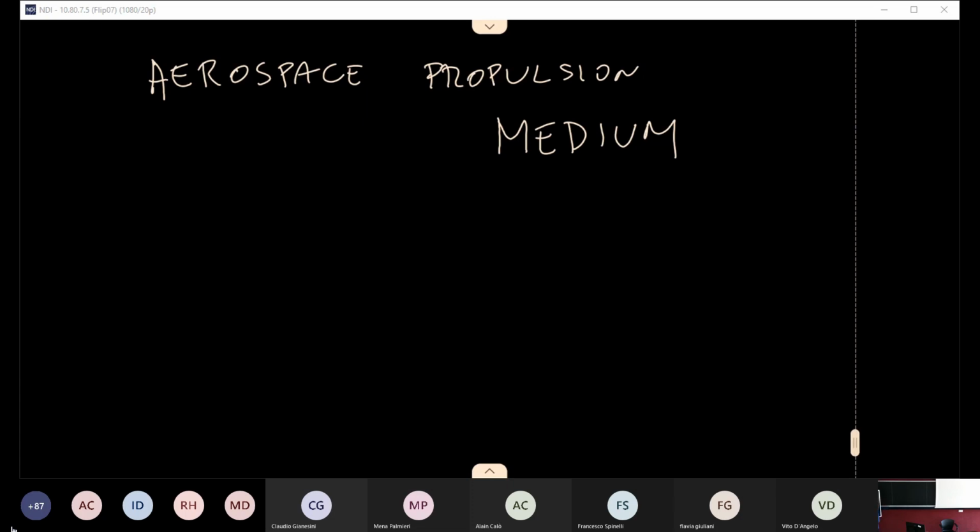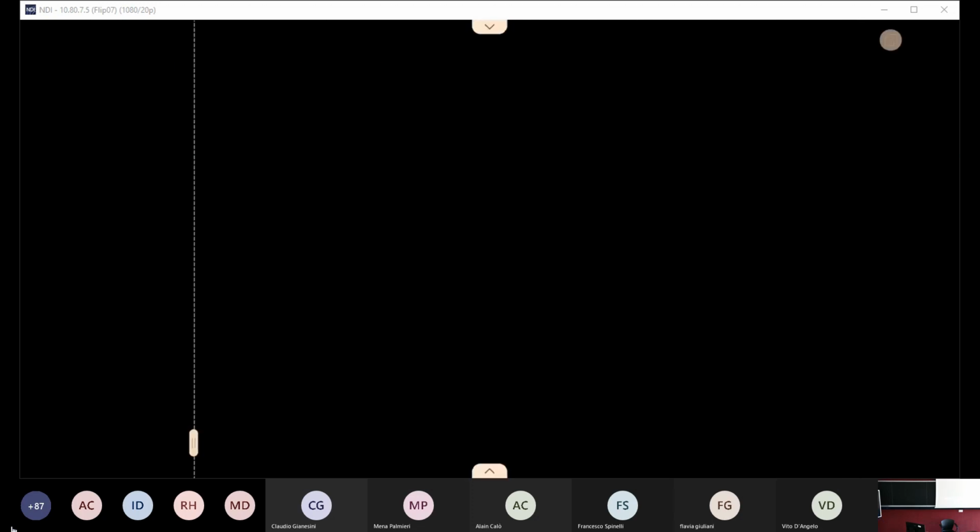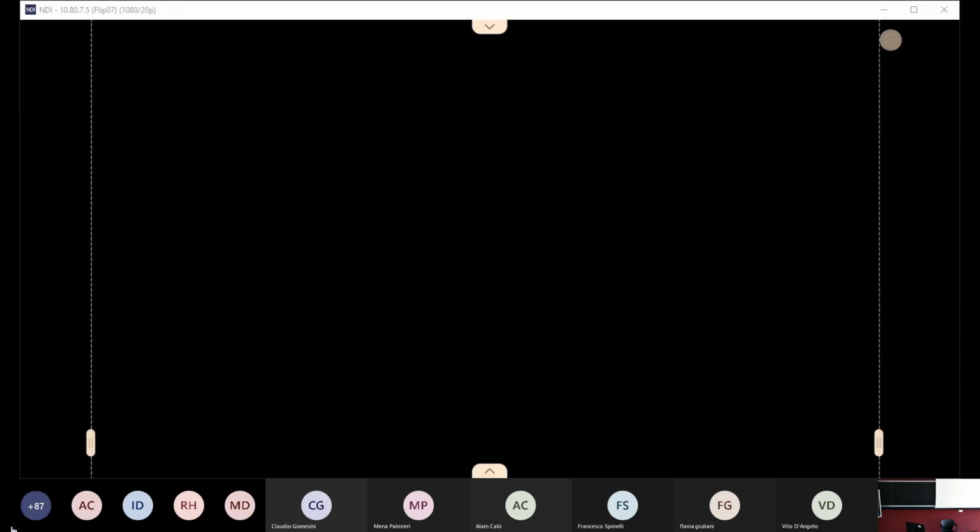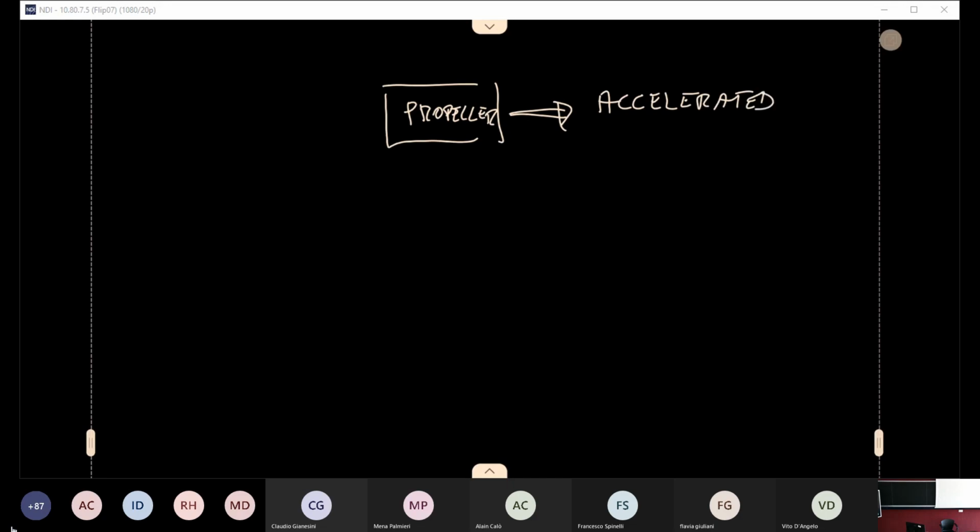So if we try to summarize, we have a propeller here that provides accelerated air, and some air is coming in this direction.